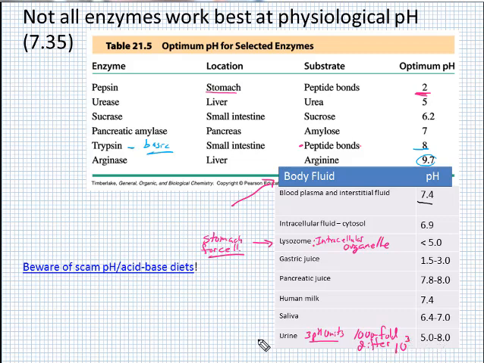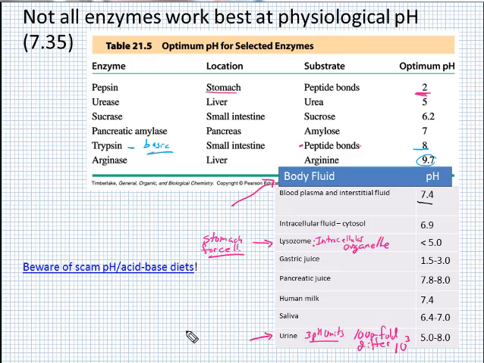And the reason for that is urine is partly responsible for balancing our physiological pH. So if our blood is too acidic, it'll dump some of that extra acid in our urine and get rid of it. If it's too basic, it'll keep some of that acid and lower the pH.